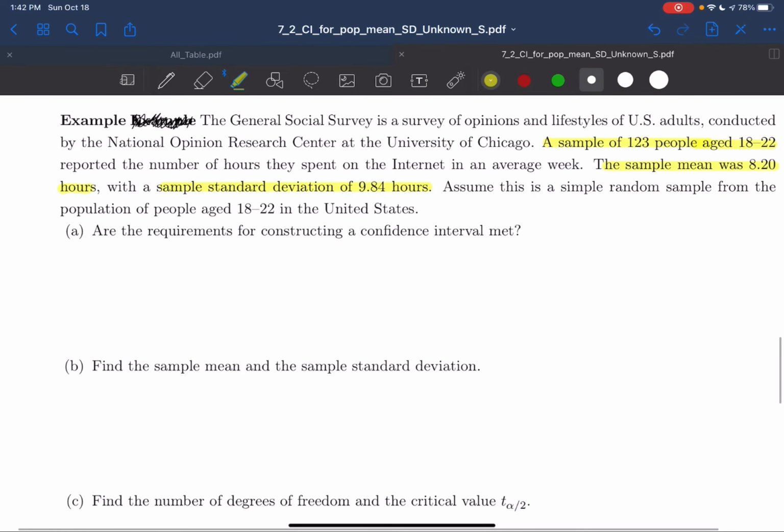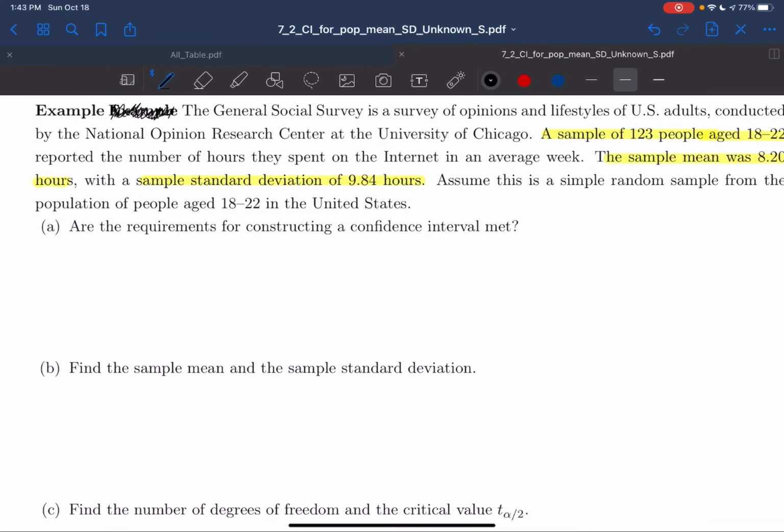First, we want to check: are the requirements for constructing a confidence interval met? That's the first thing we have to check. Notice that we have a sample size of 123 people, the sample standard deviation, which is 9.84, and a sample mean of 8.20.